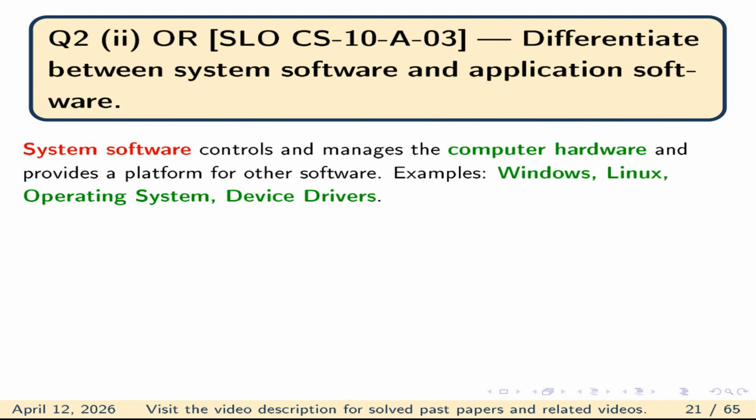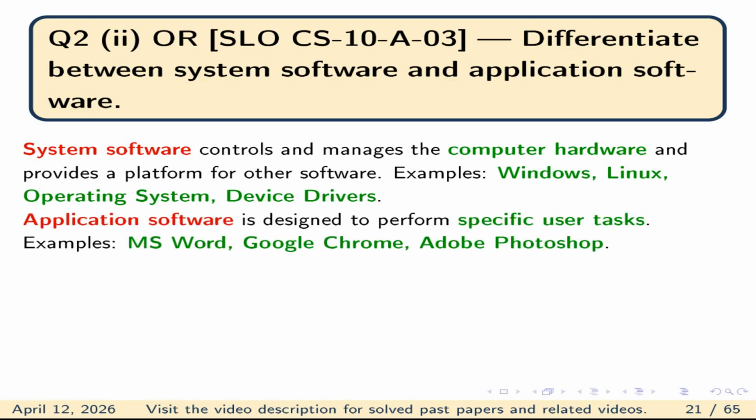Or part is differentiate between system software and application software. System software controls and manages the computer hardware and provides a platform for other software, examples Windows, Linux operating system, device drivers. These are the names or kinds of the system software.